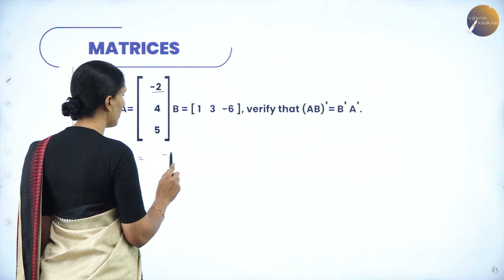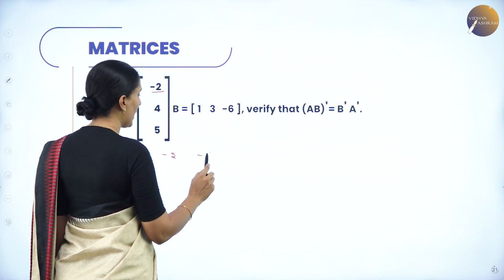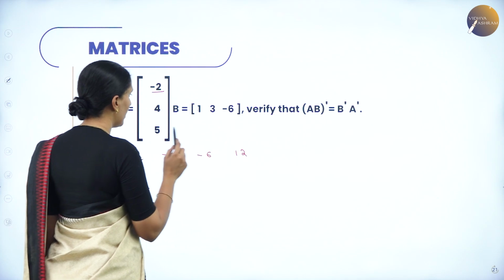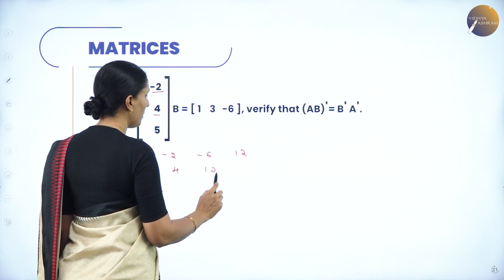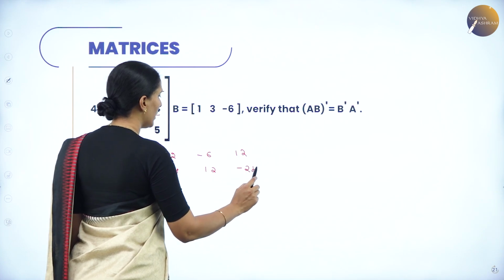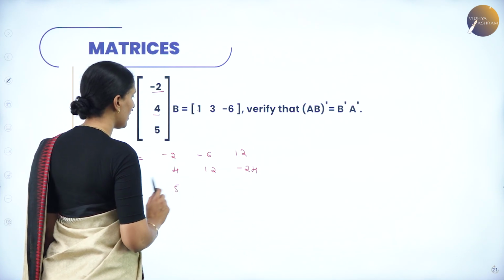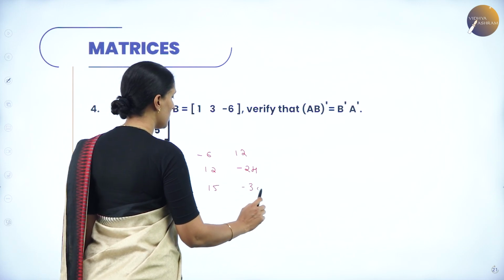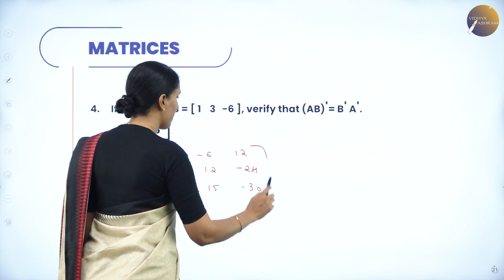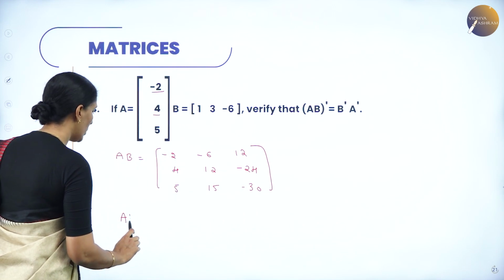Minus 2 into 1, minus 2, then minus 6, then we'll get 12. Next, second row, 4 ones are 4, 4 3s are 12, 4 6s are 24. Next with 5, 5 ones are 5, 5 3s are 15, 5 6s are 30. So this is our AB. Now let's take AB whole transpose.